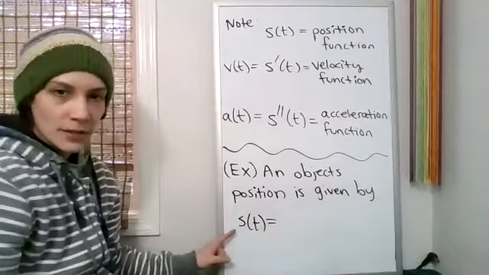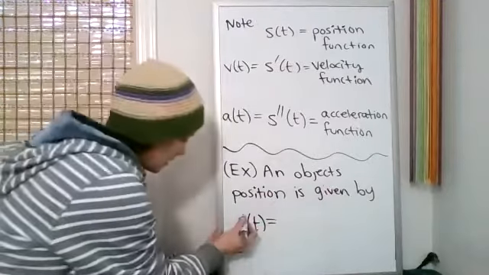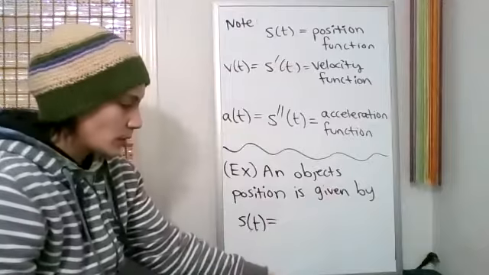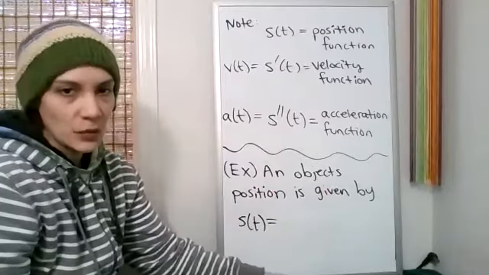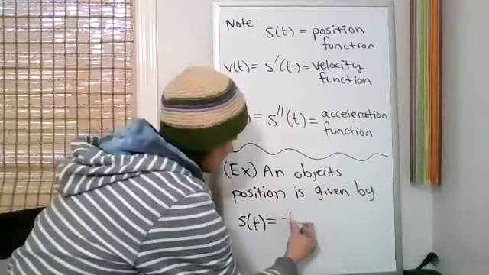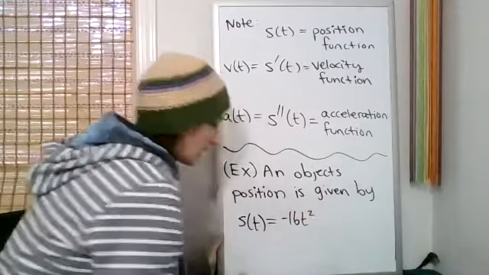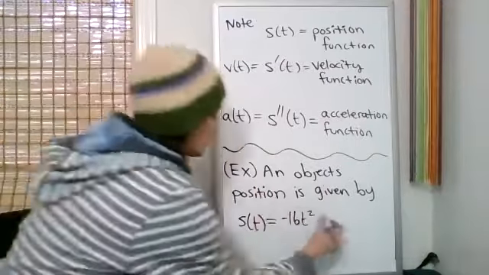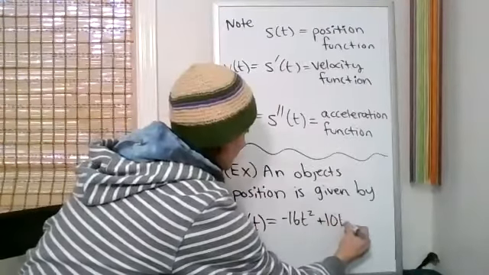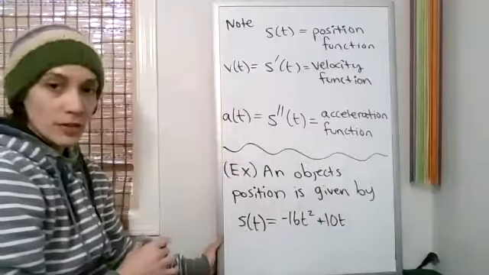S of t is a function equal to negative 16t squared plus 10t plus 400.